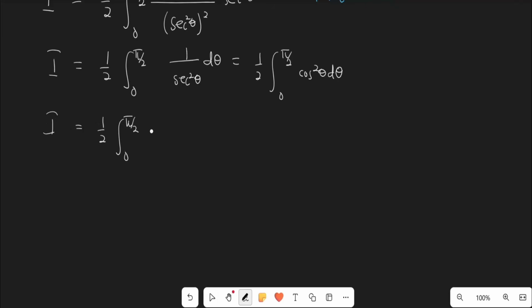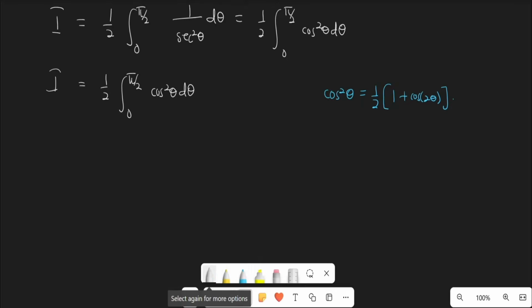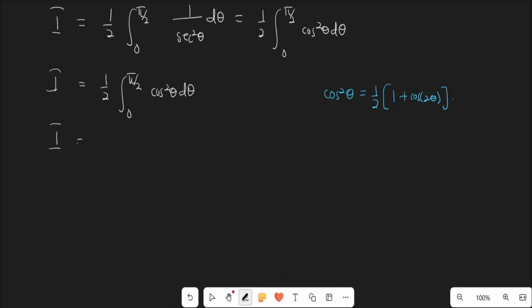We know from the double angle identities that the cosine square of theta is the same as 1/2 into 1 plus the cosine of 2 theta. This is the property that we are going to use to solve this integral. I is going to be equal to 1/2 the integral from 0 to pi over 2, and in place of that is going to be 1/2 into 1 plus the cosine of 2 theta d theta.